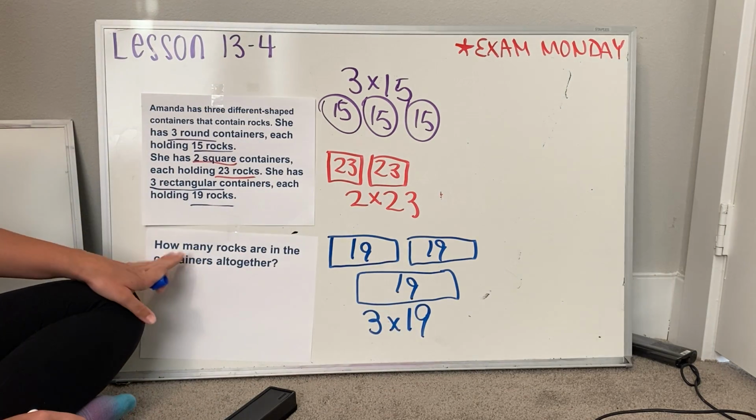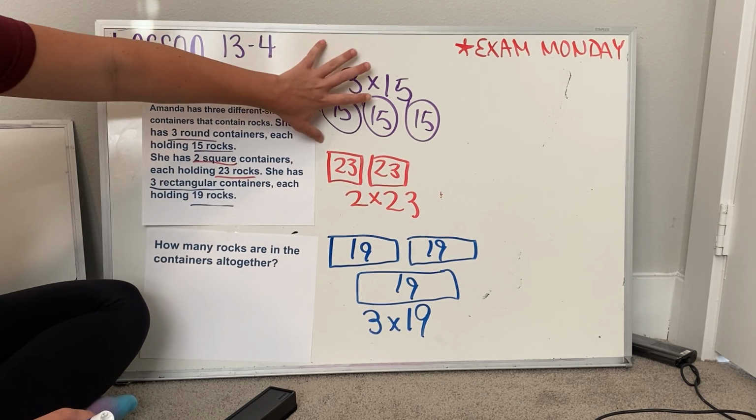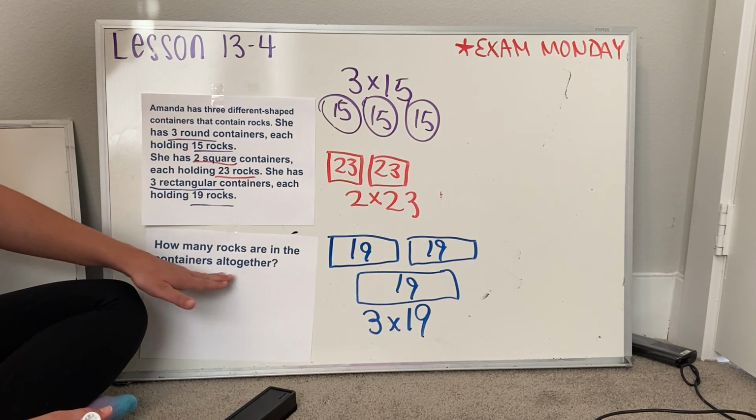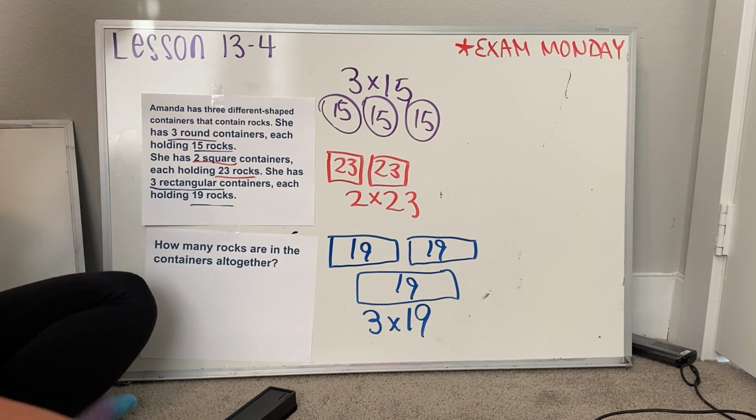How many rocks are in the containers all together? So this one's pretty similar to the one before, where I know I have to multiply this and this, but we need to find how many rocks are in the containers all together, which means we will be adding them all up.